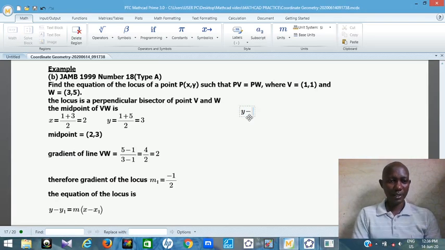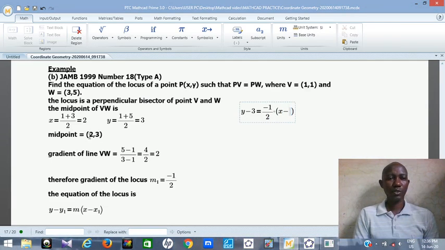So you have y minus y1, which is 3, the second coordinate, equals to minus 1 over 2. Then you open bracket, x minus x1, the midpoint is 2, which is 2. So that is all you need.